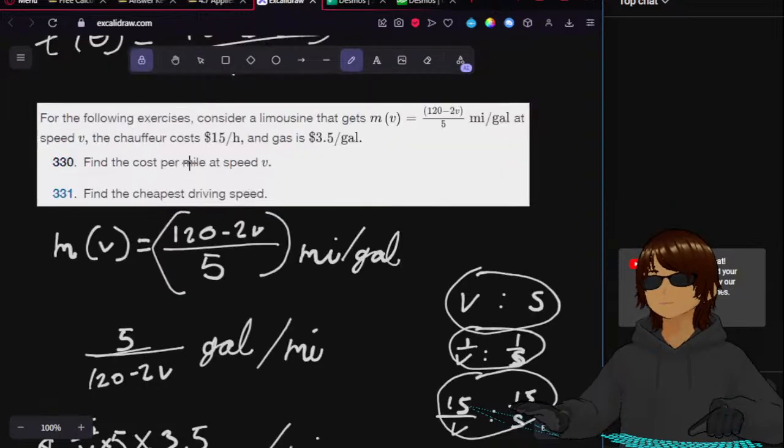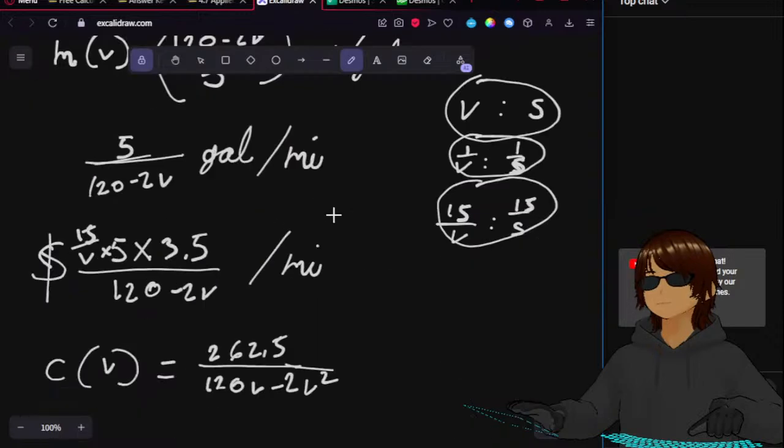Cost is $15 per hour. Find the cost per mile. So I need to find the cost. It's $15 per hour.